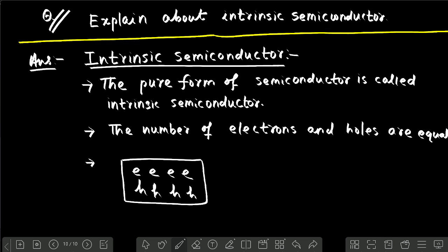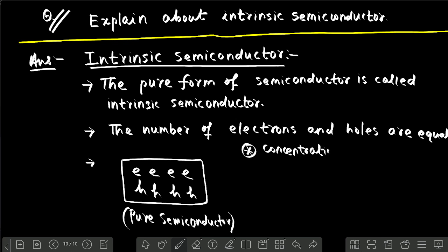So if I am taking pure silicon or pure semiconductor, what are we observing here? The concentration of electrons is equal to the concentration of holes. That means number of electrons per unit volume is equal to number of holes per unit volume.